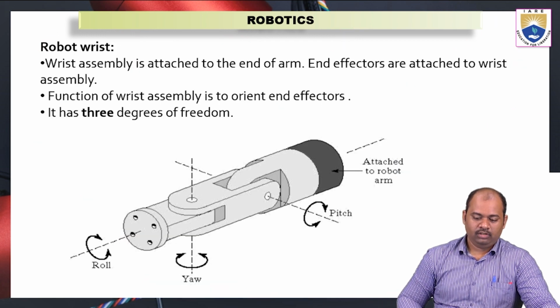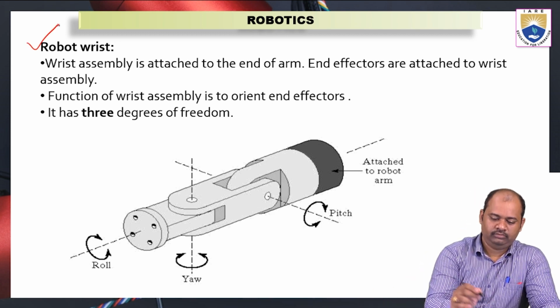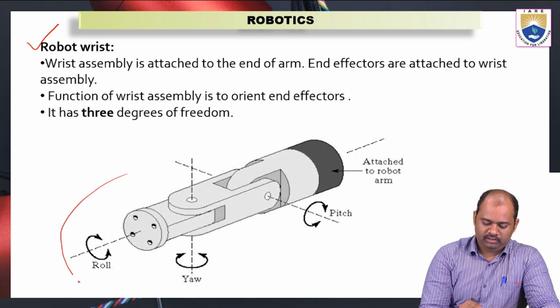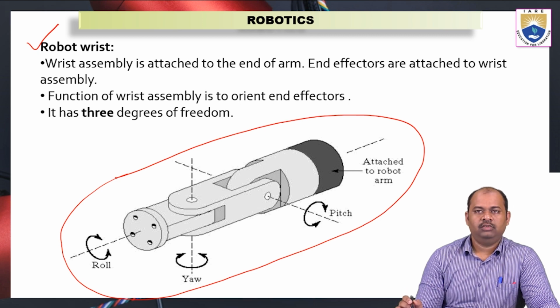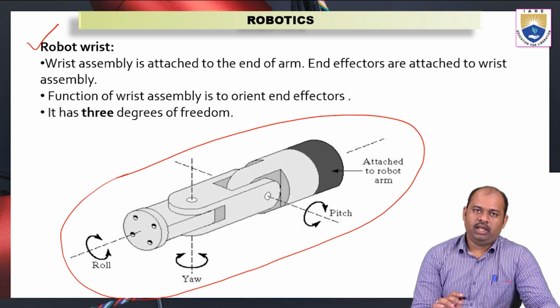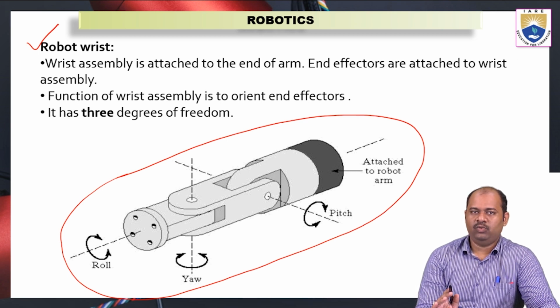So now we'll see what is a robotic wrist. See, in this picture we can see there is a robotic wrist. So what does this robotic wrist do? This wrist is attached to the end of the arm. We have seen previously that there are many links in the robots, out of which one link will be the end point of the robot.